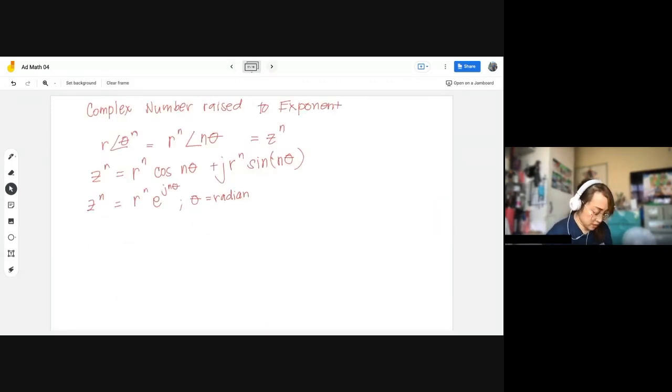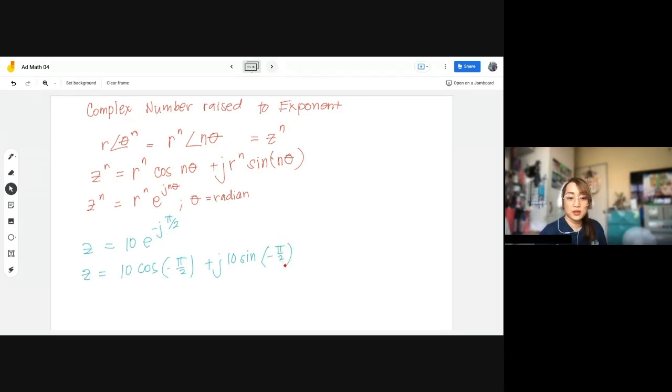You are given, for example, 10 e to the negative j pi over 2. You want to convert it, so that is negative. So this exponential form will also be z is equal to 10 cosine negative pi over 2 plus j 10 sine negative pi over 2.